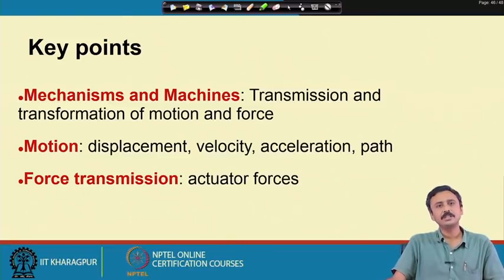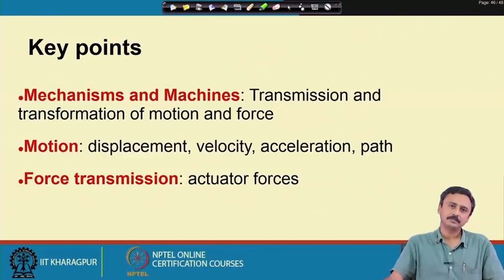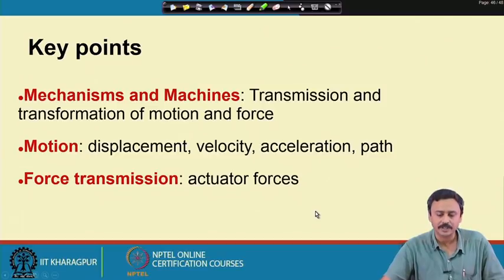As I have already mentioned, force transmission: the force or torque that an actuator or a motor exerts is transferred to move a certain load or do some mechanical work or generate motion like in a clock. So, this force transmission is another important aspect of this study.